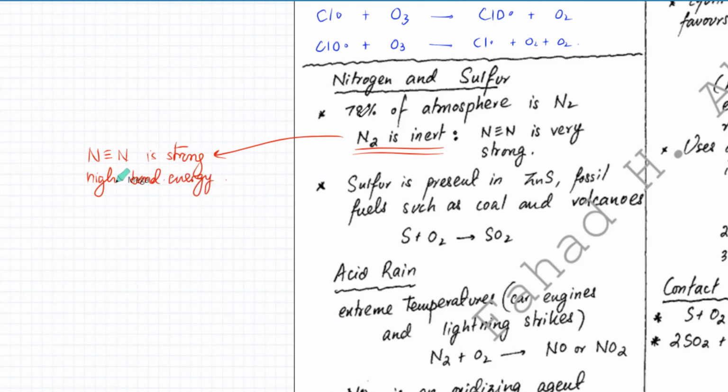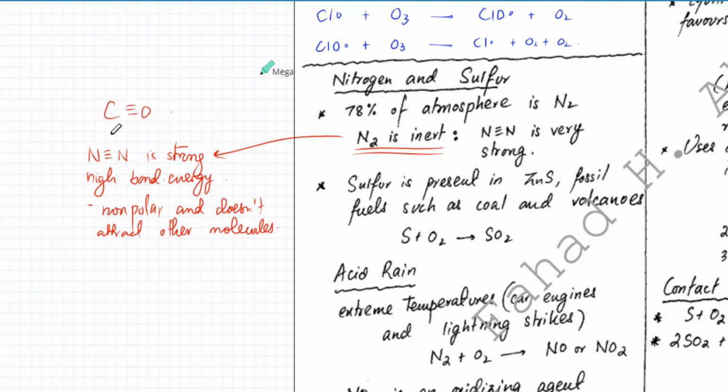The second reason is that it's also inert because it's non-polar, so it doesn't attract other molecules. There are two reasons, because there are other strong triple bonds, but they are very reactive.